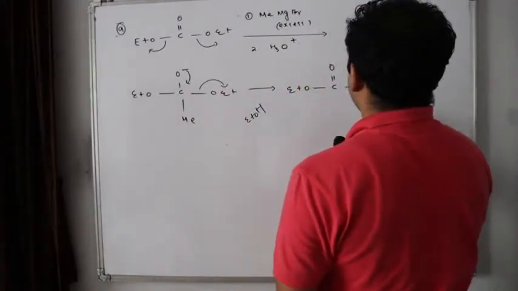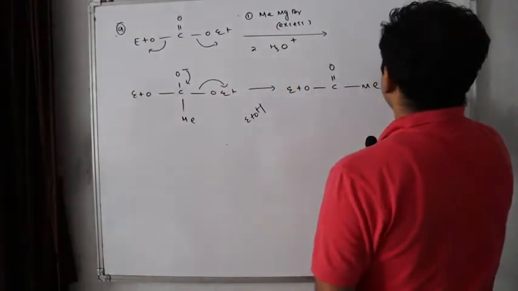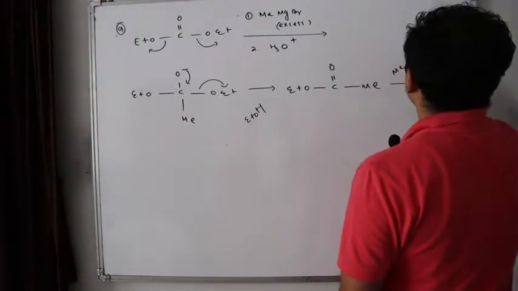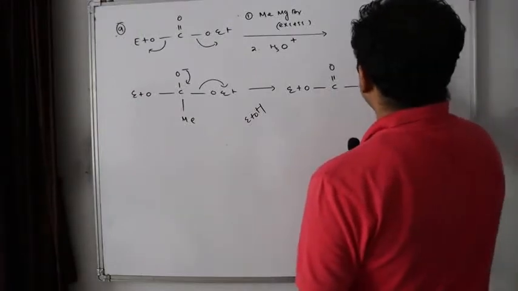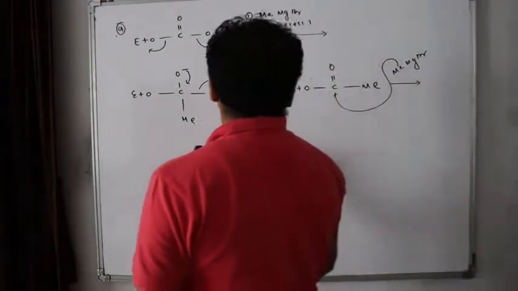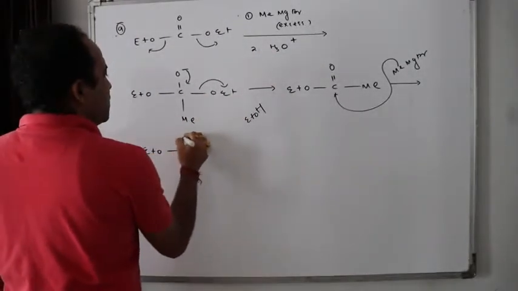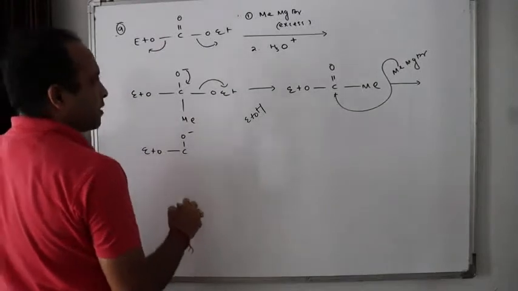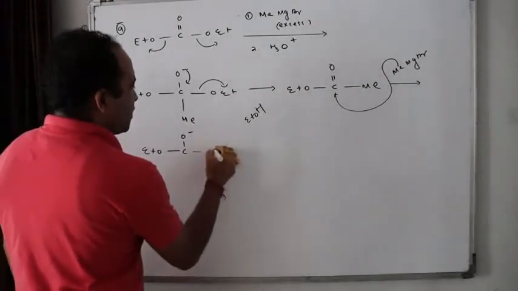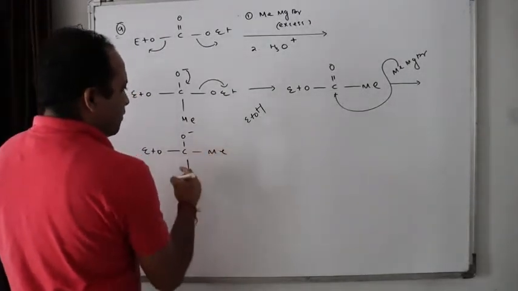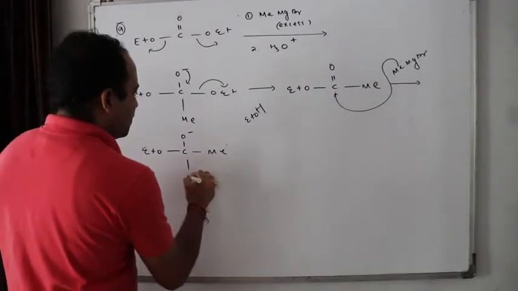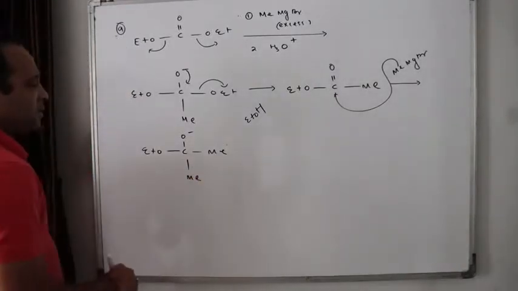EtOH. Now, here again, MeMgBr is in excess, right? This will attack this carbon. So, what will form? EtO-C(O-) with methyl, followed by what? Methyl, isn't it?